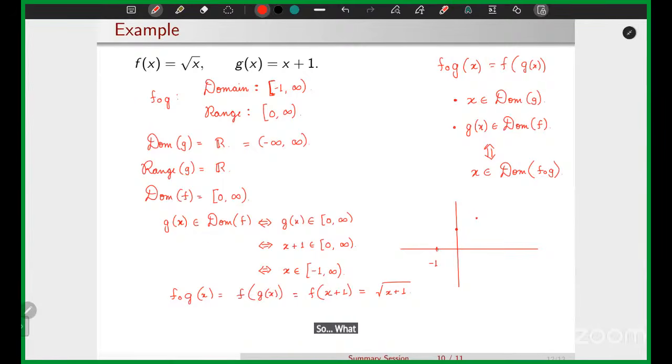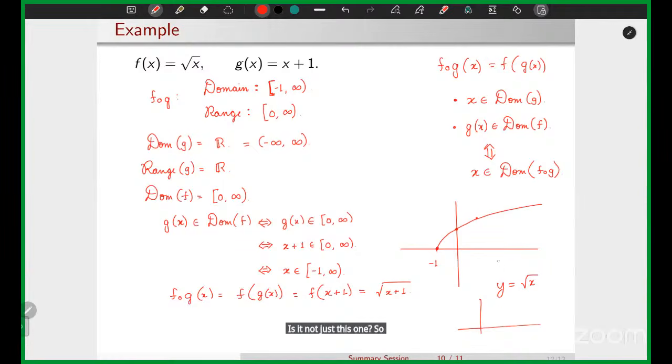So what is the nature of this? Can you guess? It's an increasing function, yes. It's part of the parabola. So if you say y is equal to square root of x, is it not just this one?